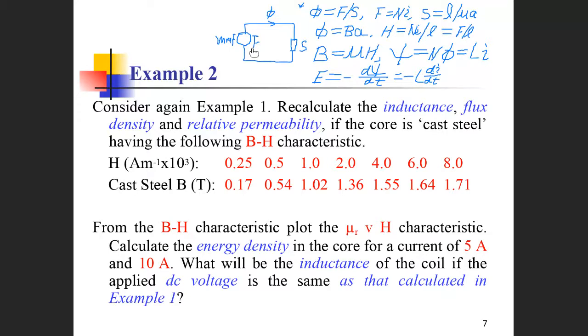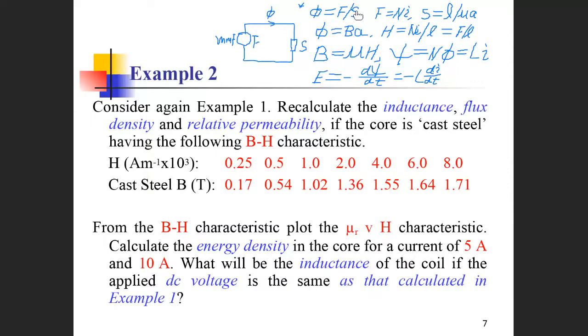Then we can define the magnetomotive force F, which is the product of turn number and current. We can define the reluctance S, which is related to the length of the coil L, the core material permeability mu, and the cross-sectional area A, like this.